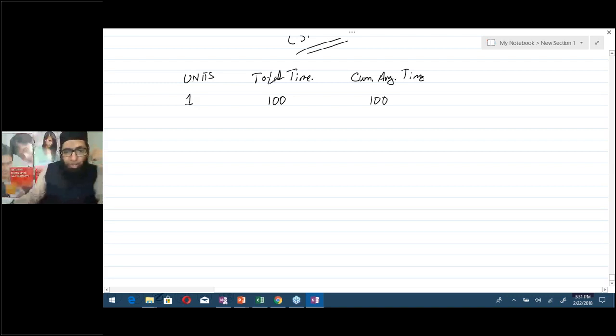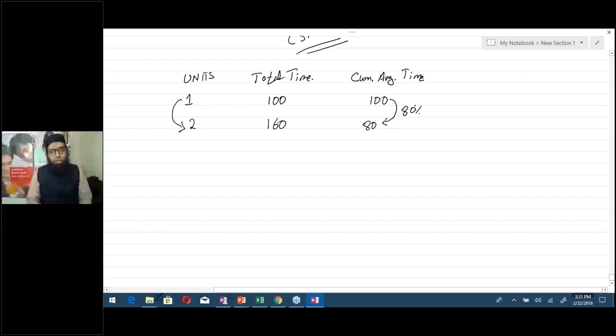Now, the rule is when cumulative output doubles, so the double of 1 will be 2, this average time will fall to a given percentage, which is 80% in this example. So this should be 80. This means the total time to produce the 2 units will be 160. Okay?